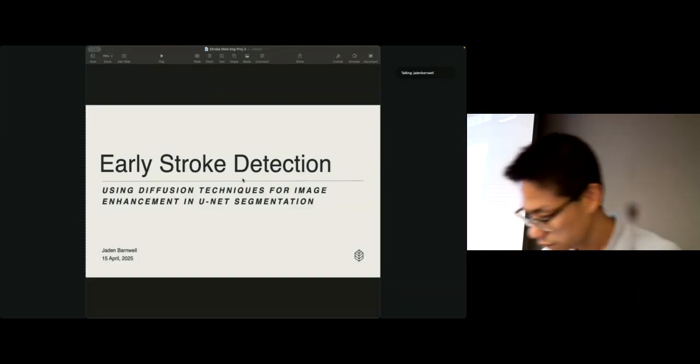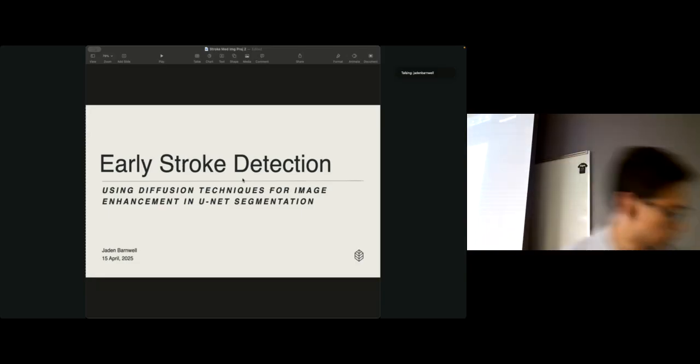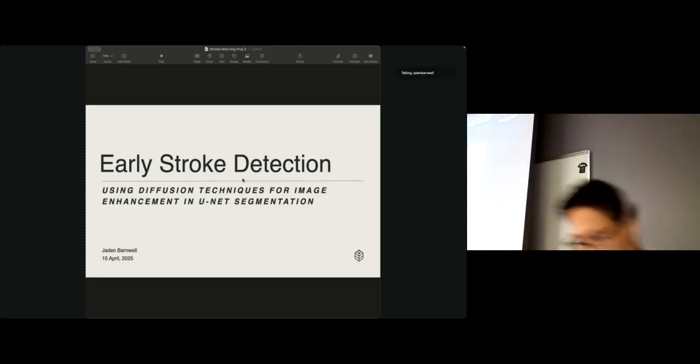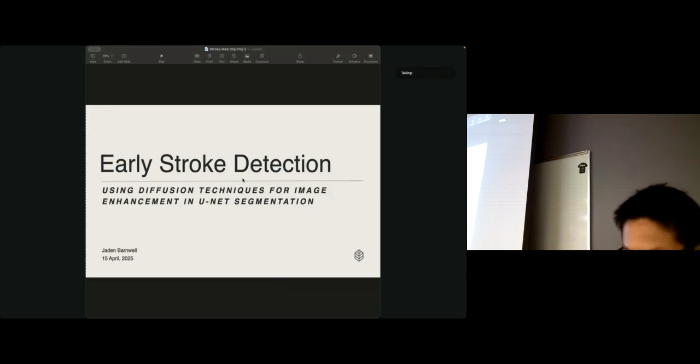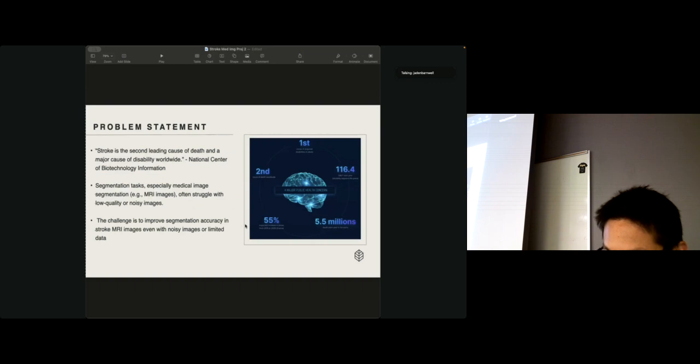Okay, so my project is early stroke detection using diffusion techniques for image enhancement and UNet segmentation. Stroke is the second leading cause of death according to the National Center for Biotechnology Information. So it is important to use stroke segmentation to identify ischemic stroke at an earlier stage, which will help patients as timing is crucial for strokes.